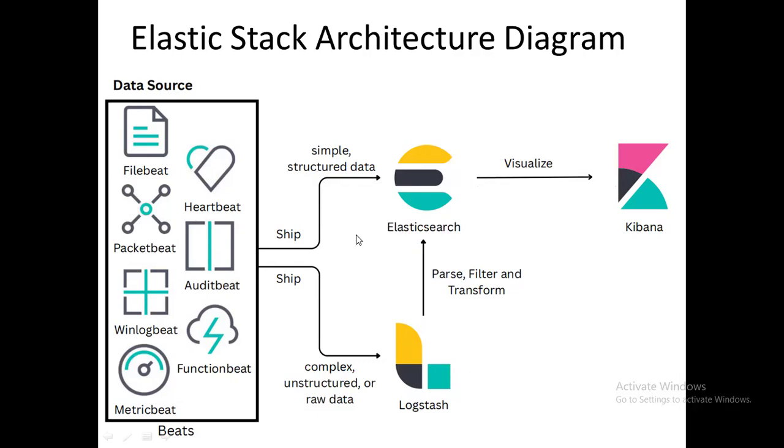Okay, so that's the architecture of the Elastic Stack. And here in this data source and Beats, let's understand these Beats. So first is Filebeat. So what is Filebeat? Filebeat collects and forwards log files from application, service, and system logs. Okay, that's how Filebeat works. Then next is Packetbeat.